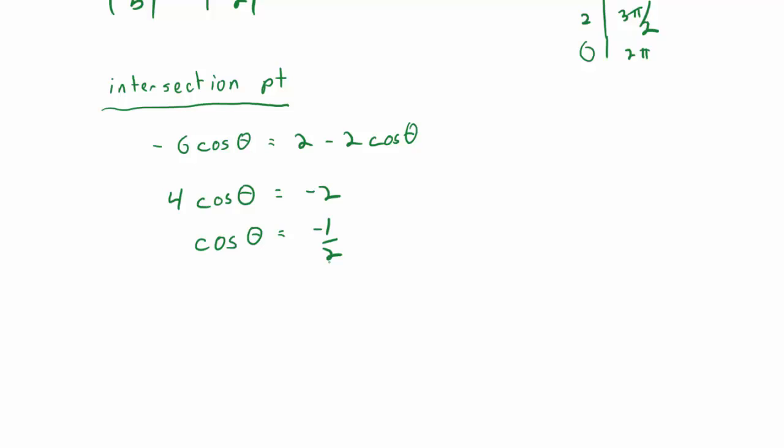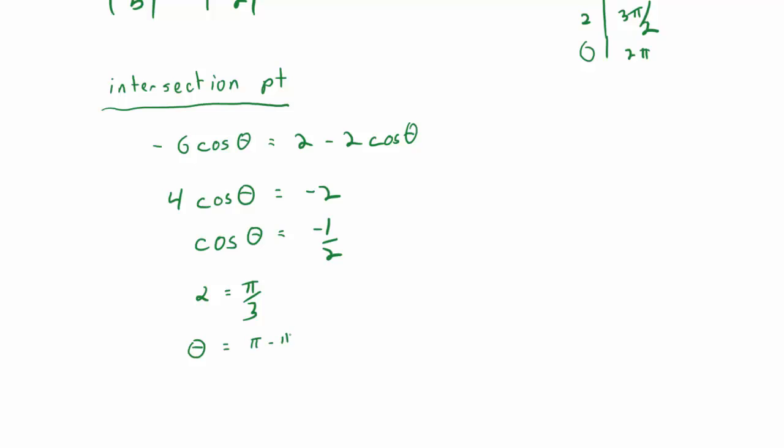The reference angle is what you'd get if you stripped out the negative. So the reference angle would be pi thirds. I like to call that alpha. And there are 2 quadrants between 0 and 2 pi where the cosine is equal to negative 1/2. Which quadrants? 2 and 3. So what are our 2 values for theta? We're going to have 2 intersection points. What are they?